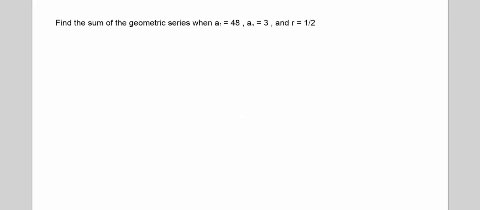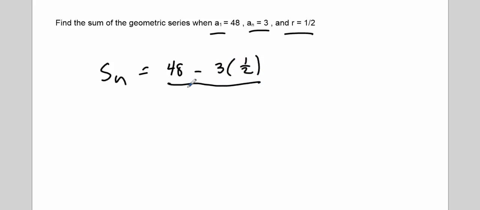So if I look at this problem, notice I'm given the nth term, first term, ratio, giveaway that this should be the second equation because I have a1, 48, minus an, 3, r, to the 1 over the r value.